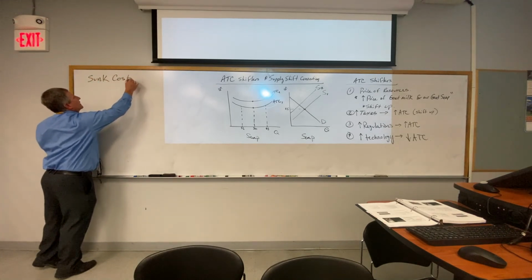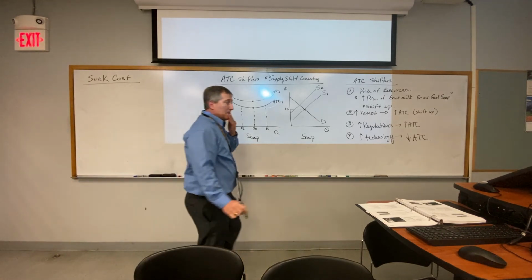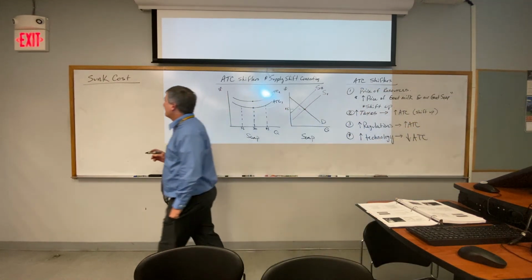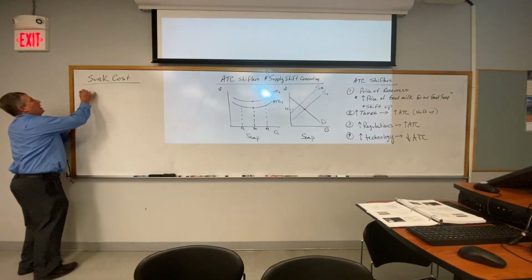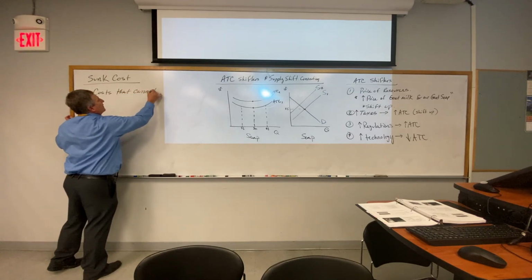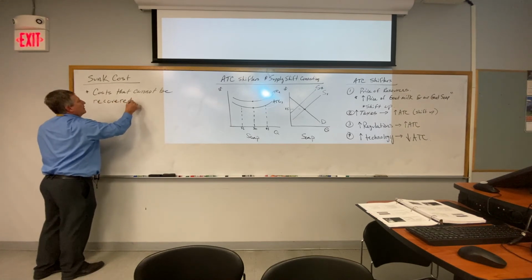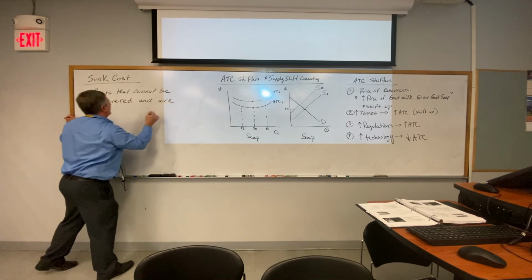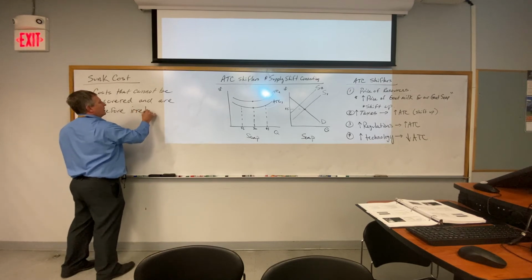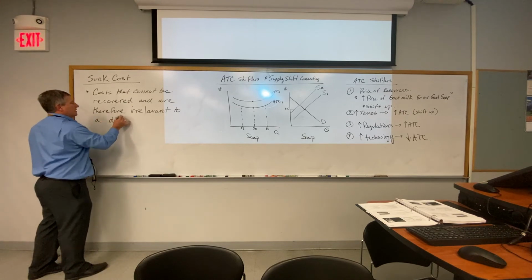Last topic for this before we head into our video, sunk cost. So sunk costs are costs that are really irrelevant to the decision making. So sunk costs are costs that cannot be recovered, and are therefore irrelevant to a decision.